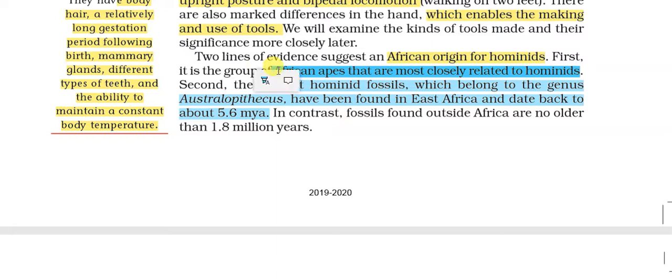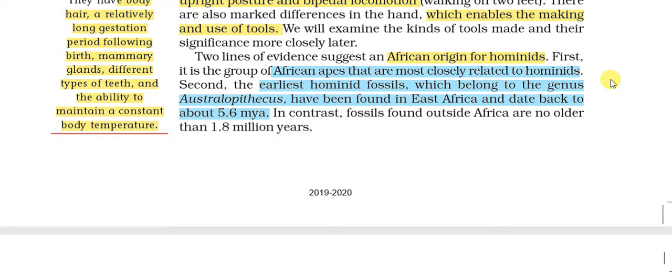First point states that African apes are most closely related to hominids. So today, when we see African apes, they are the ones that are closest to hominids. So that proves that it was the African apes that evolved into hominids. So it's Africa from where everything started. The apes that are found in Africa are very, very closely related to hominids.